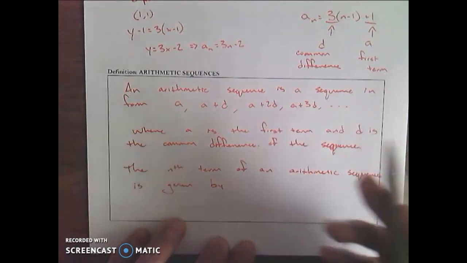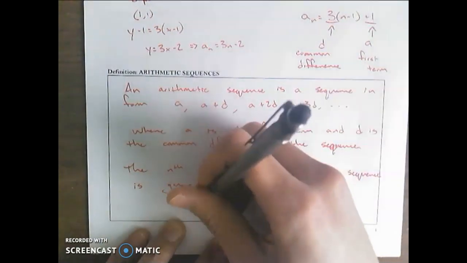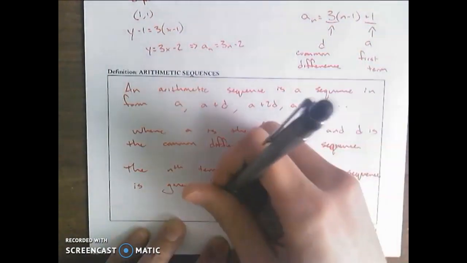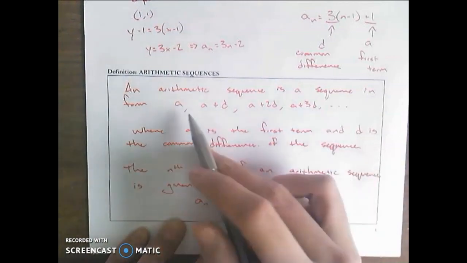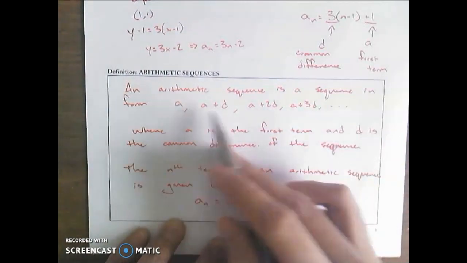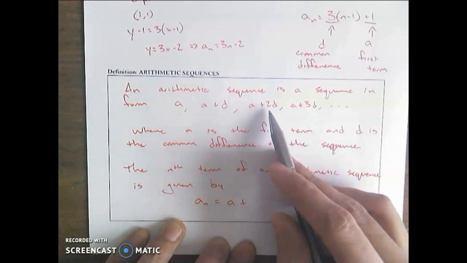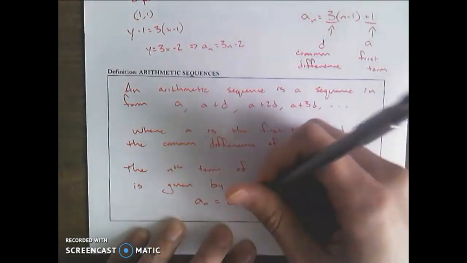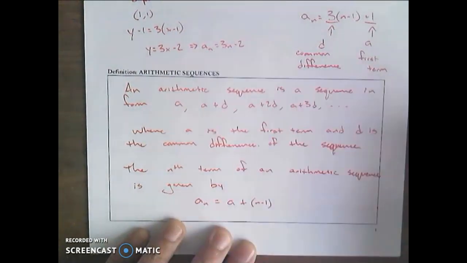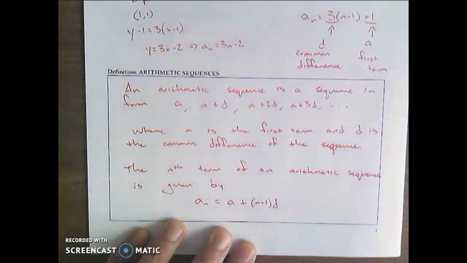What do we notice is happening every time? For any given n, we're going to have a plus some number of d. The first term has 0, the second term has 1, the third term has 2, the fourth term has 3, so it's always 1 less than the number of terms. So (n minus 1) times d. d is called the common difference because any two consecutive terms of an arithmetic sequence differ by d.